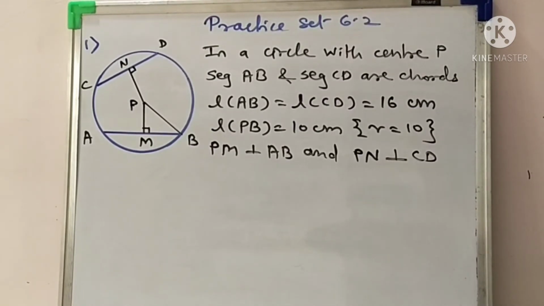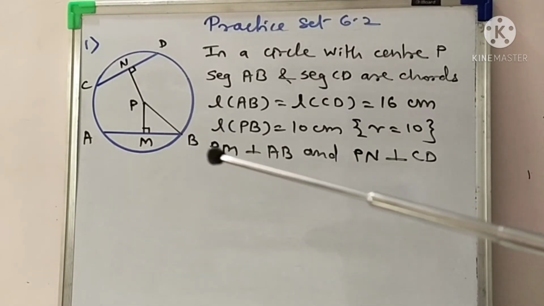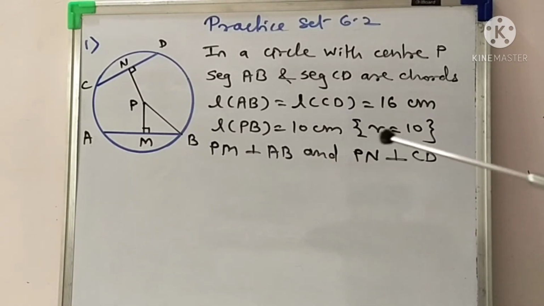So here we mention that in a circle with center P, segment AB and segment CD are chords having length 16 centimeter each, meaning both chords are congruent. The radius of the circle is 10 centimeter, and as we join PB, which is a radius of the circle, length PB is 10 centimeter because R is given as 10.